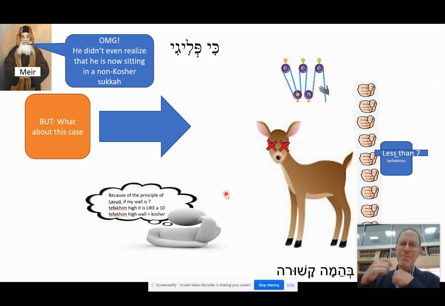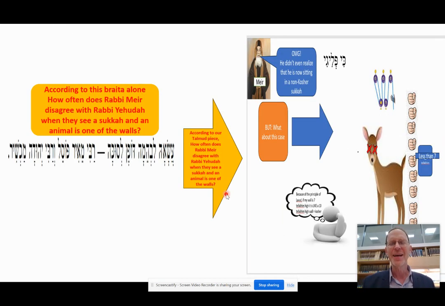Because there might be a deer that is only 7 tefachim high, and even though you cover the space between its legs with branches, and even though you pick it up with a pulley system and never let it fall, because it was only 7 tefachim high, and it dies, it might be droopy, and you would think it's still fine because you're not paying attention to that, but actually it's less now than 7 tefachim, and that wall is no longer kosher, and that sukkah is no longer kosher. So here's where we are. That was all last time.